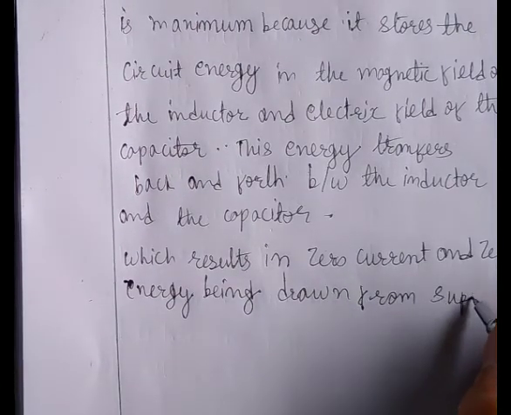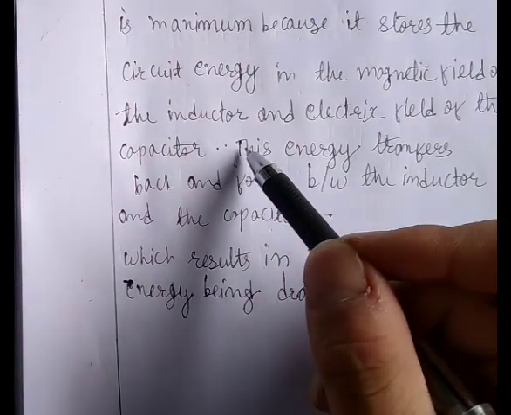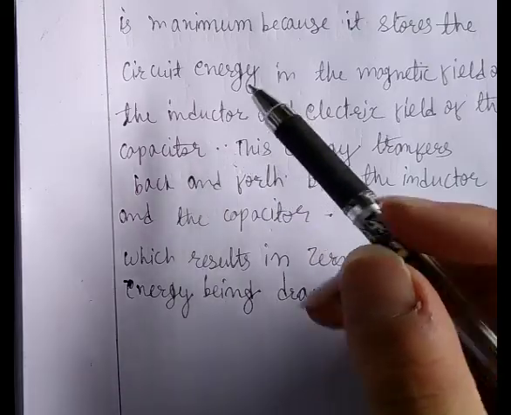So this is the reason why in a parallel LCR circuit the current passing through the circuit is minimum.